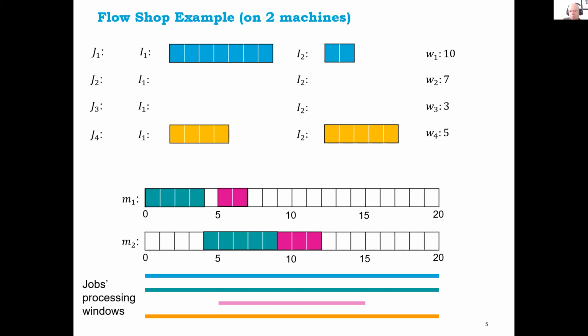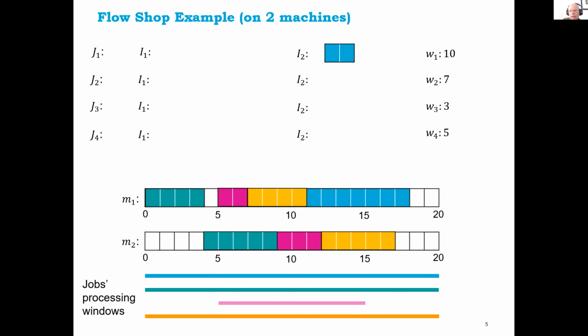Now we put the pink job, which is not a no-wait anymore, because we put it at the end of the green job. And then we put the yellow job, and lastly we put the blue job, and as you can see, we are able to schedule all the jobs, and the throughput is maximal because we can achieve all the weights of all these jobs that were given to us.